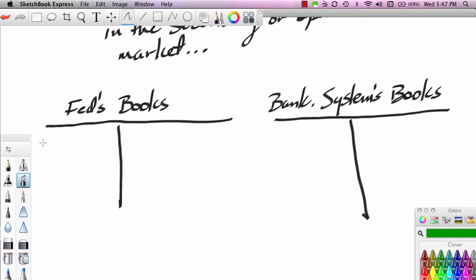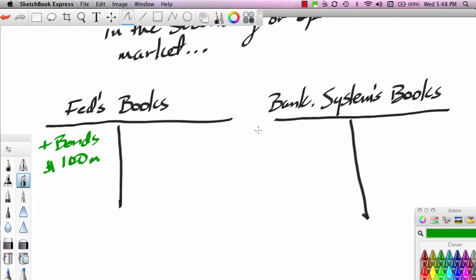When the Fed buys $100 million worth of bonds, it now has an asset called bonds on its balance sheet. Remember, assets are shown on the left side of a bank's balance sheet, and the Fed is a bank. It's the central bank. So these bonds that were purchased now show up on the Fed's books as an asset.